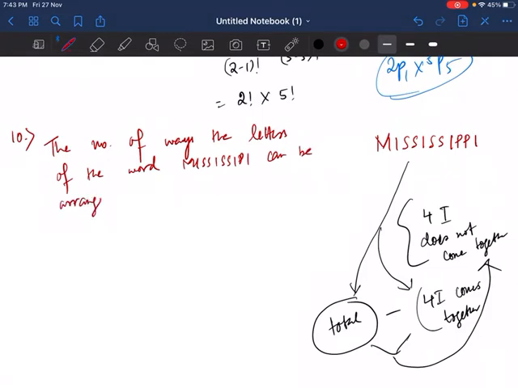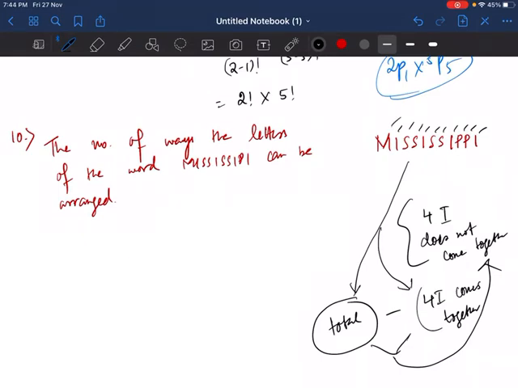Now here you see there are certain letters that are repeated. So how will we do it? First, let us count how many letters there are. 1, 2, 3, 4, 5, 6, 7, 8, 9, 10, 11. There are 11 letters.